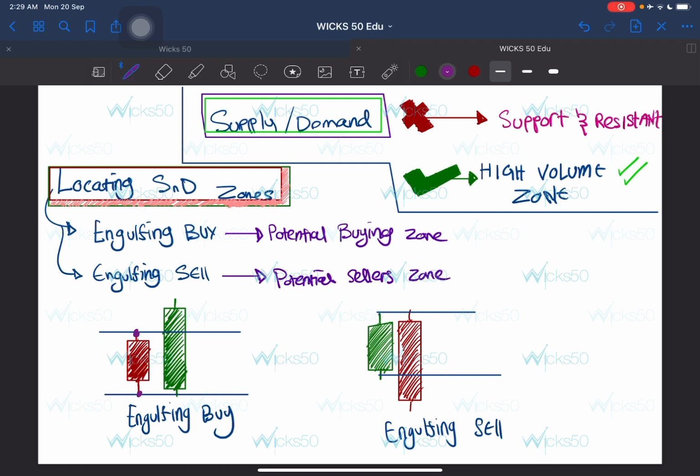We always take the lowest and the highest. So when the candle has successfully eaten the red candle, this zone is what we call, I will just use a short form, engulfing buy zone. What does it indicate? Potential buyers in the future.